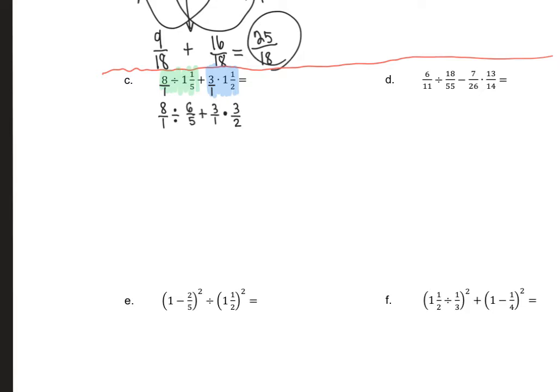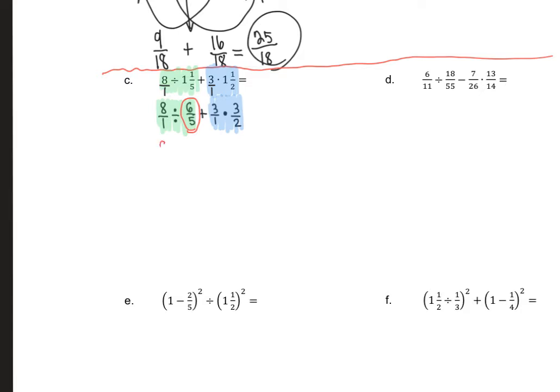Okay, and again, I want to do my division, and I want to do my multiplication before I add. My adding should be my last step. So with my division, I'm actually going to be circling my second one, because when I divide, I want to flip my second fraction.